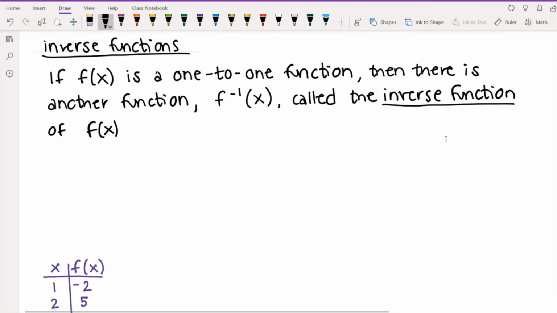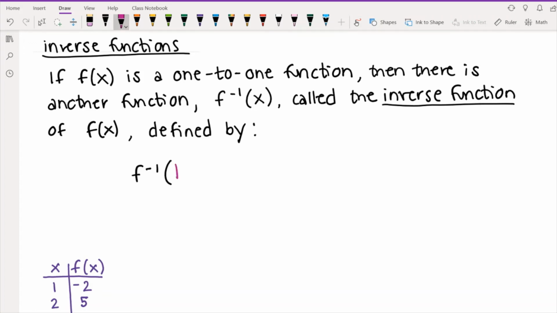Well, this inverse function is defined by the following. The way that inverse function works is that f inverse of a number b is equal to a number a if f, the original function of the number a, is equal to b.